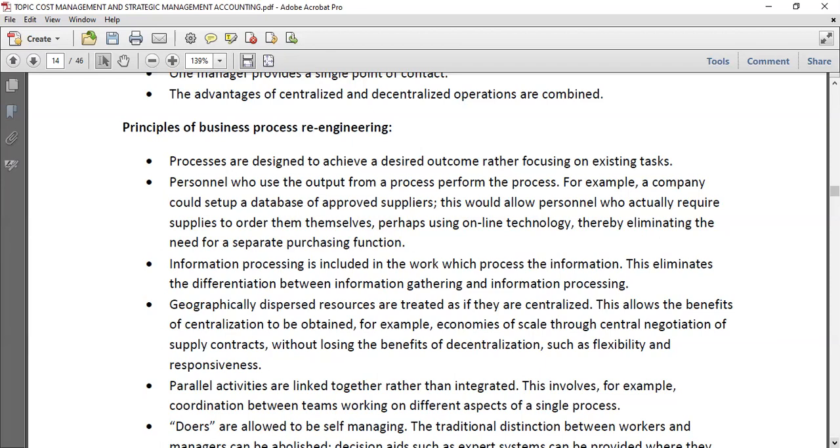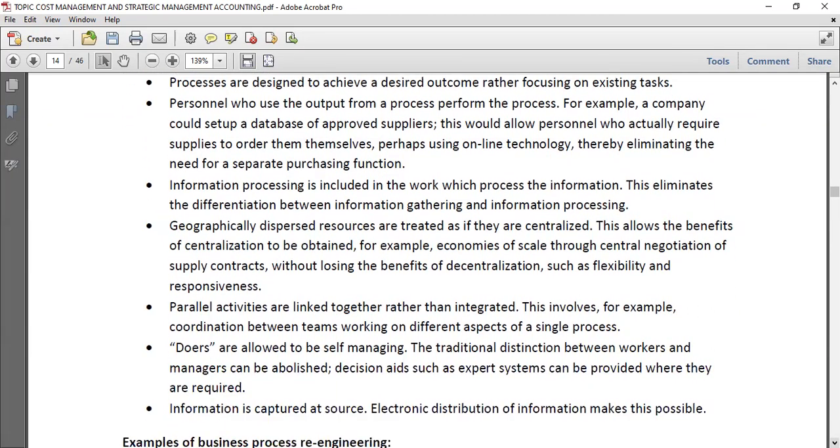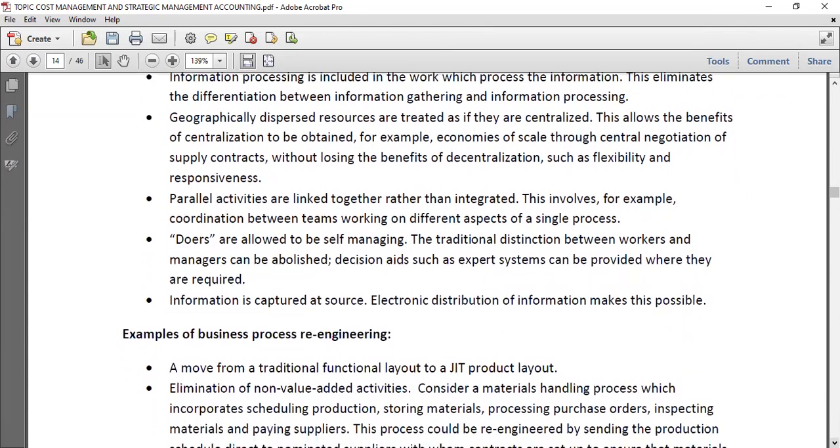Remember, we are looking at the existing task and we are revamping it to determine how best we can handle this process. And all this is towards cutting costs, but also making sure that it's not compromising on the quality of the product that we are issuing to our customers, okay? So you can read these principles so you know what exactly you need.